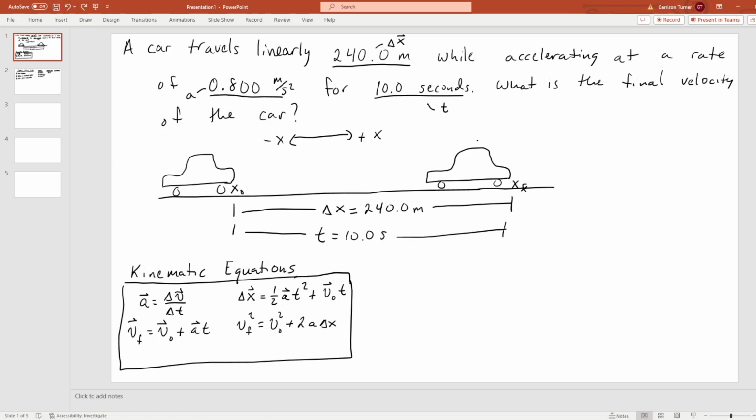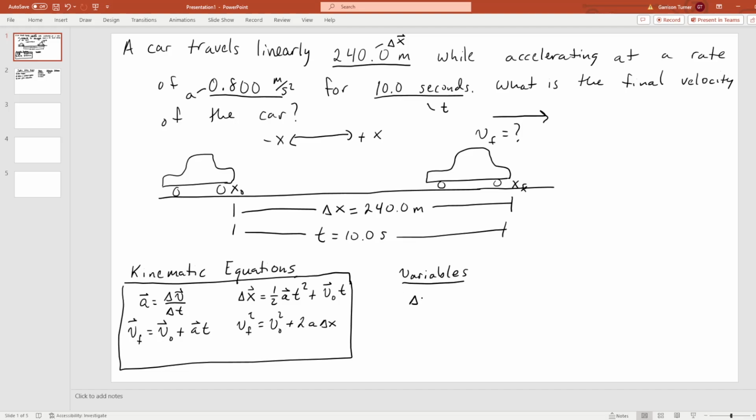So we're looking for the final velocity of the car. Okay, so what is the final speed of the car? Now, if we're accelerating, we know that the final speed's got to be larger than the initial speed. But if I look at these kinematic equations, what variables do I have?